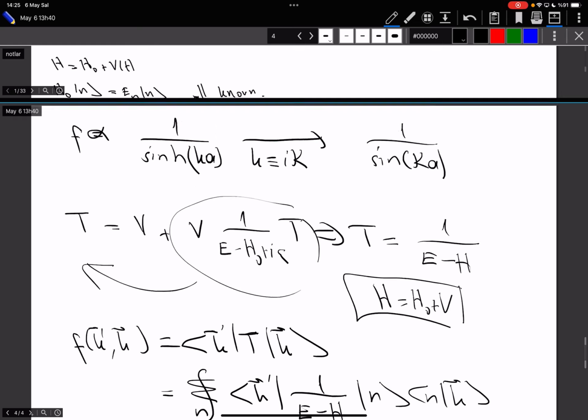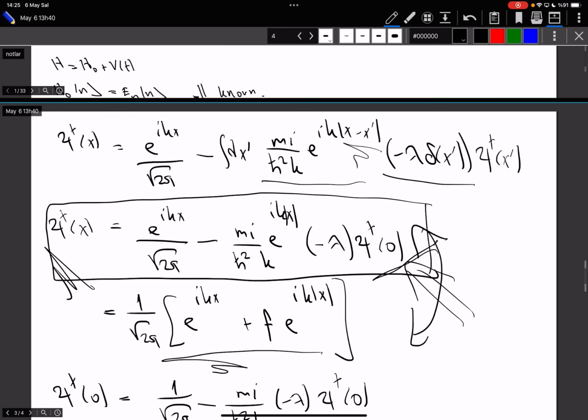The earlier solution we discussed goes to 0 exponentially fast, so that is already 0 at infinity. So in order to have a bound state, our wave function should be localized in a region, and this implies a negative energy for that bound state.